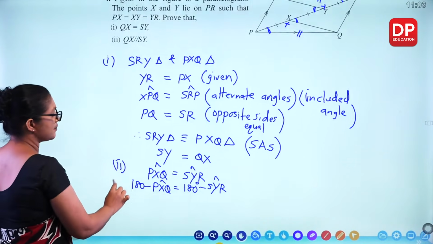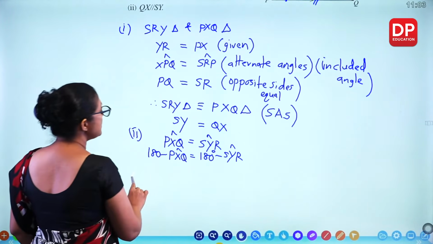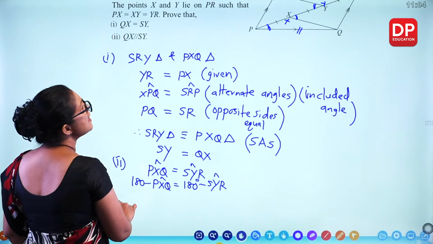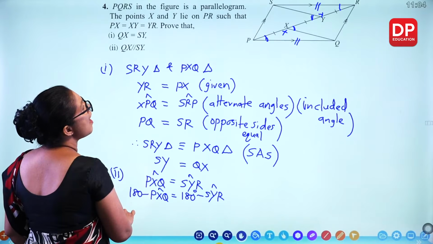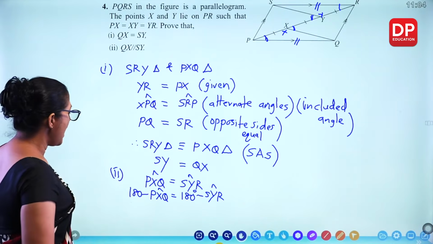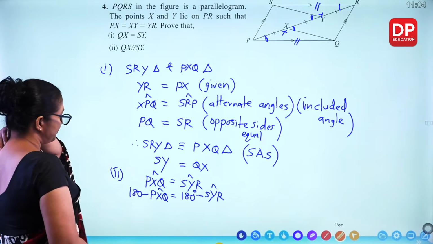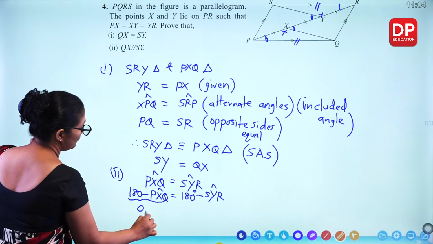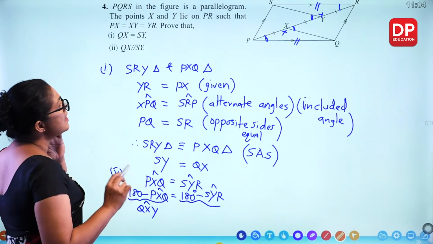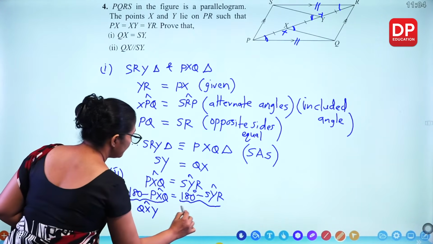So what I am getting? 180 minus PXQ means I am getting RYX, or I can write QXY angle. So this is QXY. What about this one? 180 minus SYR is SYP angle.